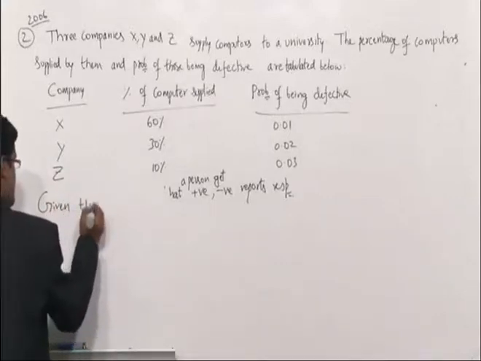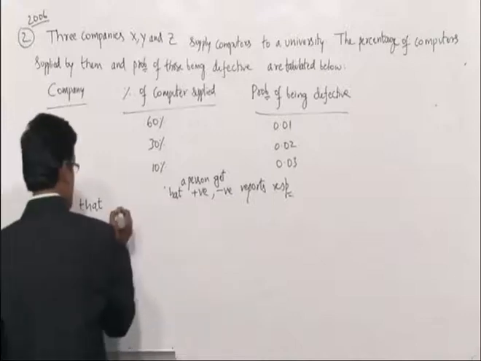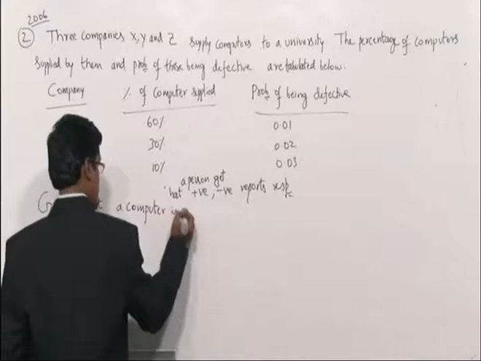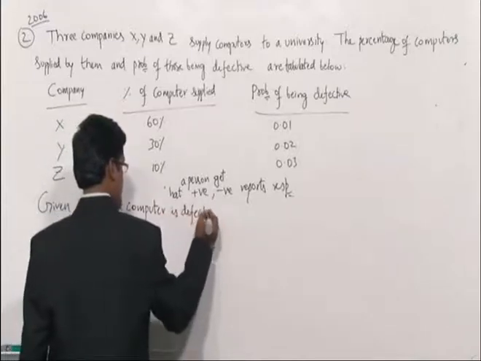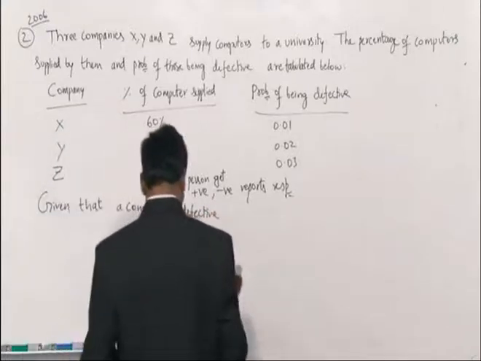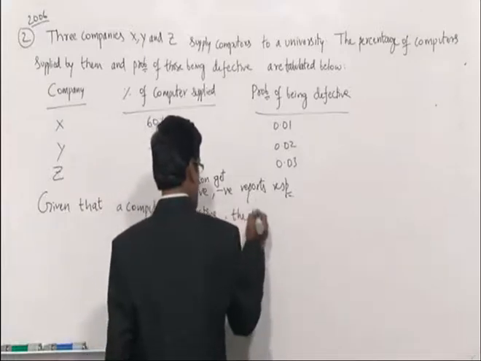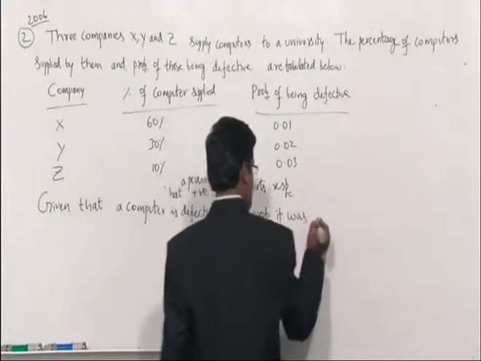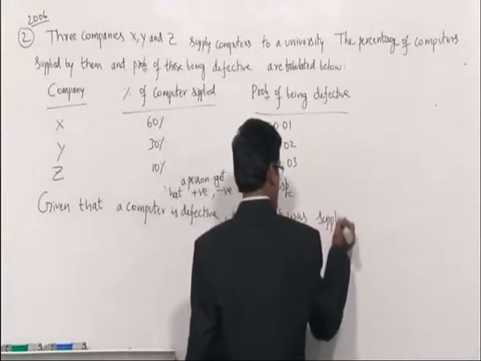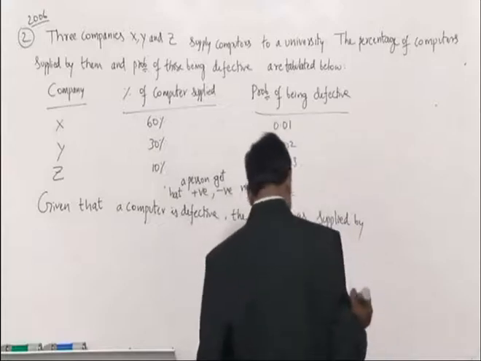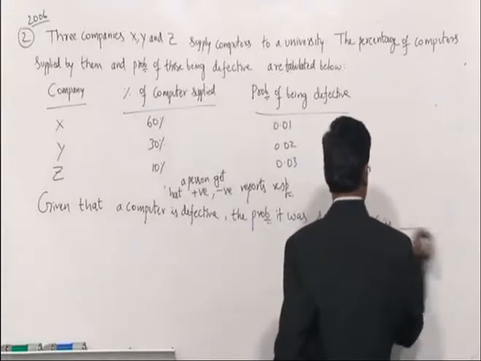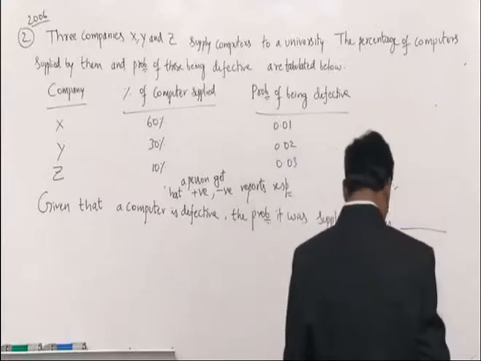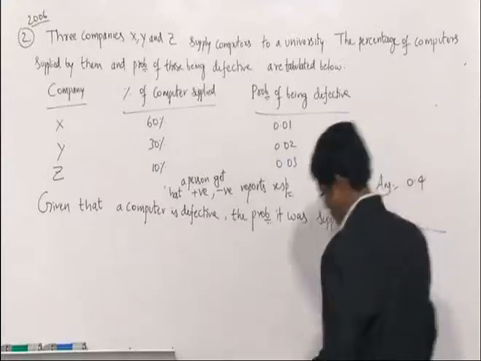Given that a computer is defective, the probability it was supplied by Y. Answer is 0.4.